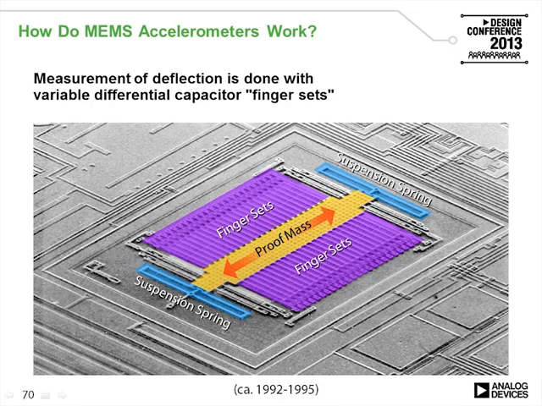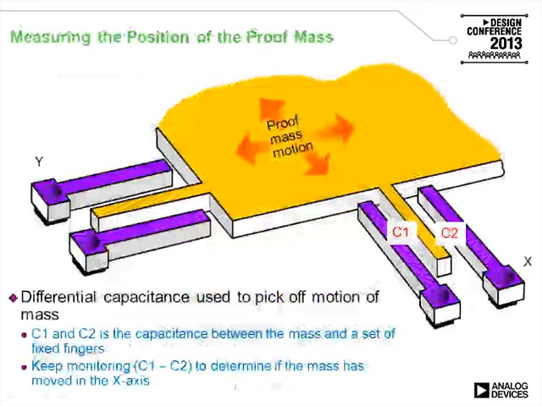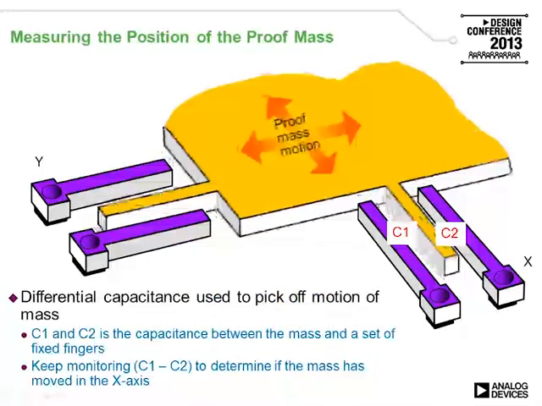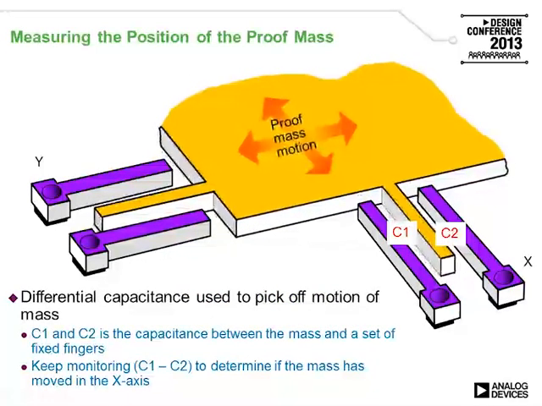So here's a diagram of what that looks like up close. You see a proof mass with fingers connected to it, and two fingers straddling each proof mass finger, and the fingers that are straddling are connected to the fixed substrate.